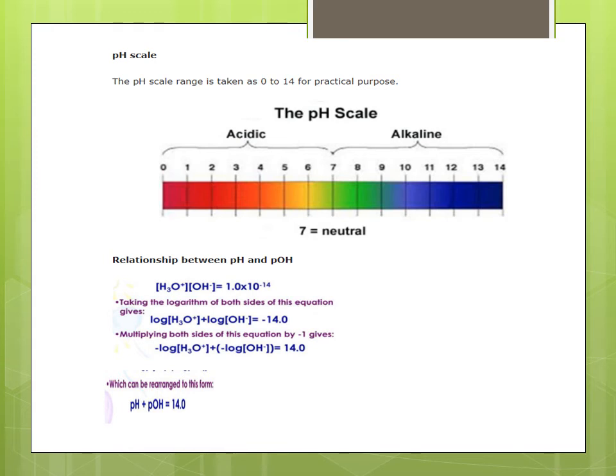So it will be minus 14. Multiplying both sides by minus 1, the answer will be minus log H₃O⁺ plus minus log OH⁻, which is 14.0. Now it can be rearranged as pH plus pOH is equal to 14.0.